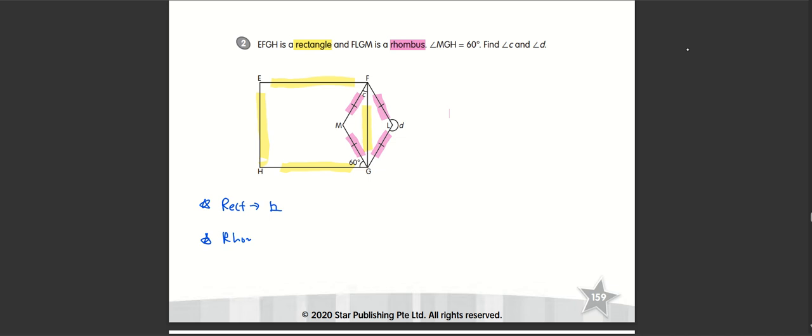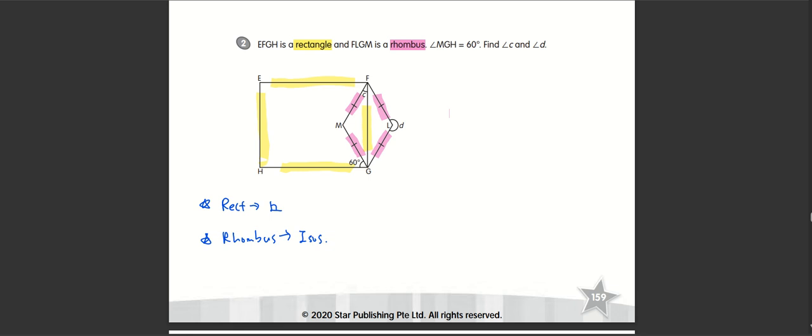It's got to do with the rhombus, and some of us might be already moving a step ahead to think about isosceles triangle, because you look at that figure here, you probably identify FG is the side of the rectangle is cutting across the rhombus.